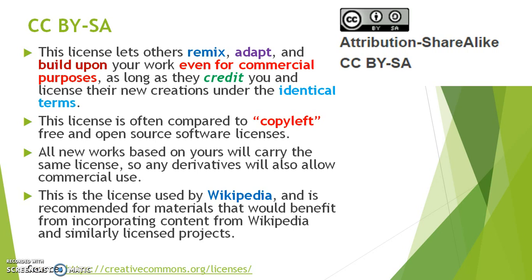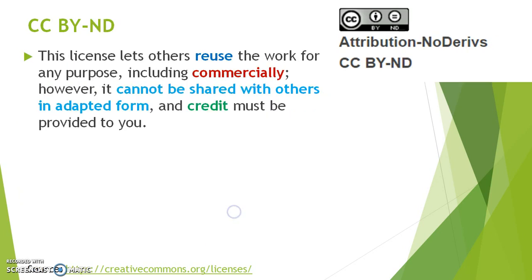All new work based on yours will also carry the same license. So any derivatives of your work will also allow commercial use. This is a license used by Wikipedia, and it is recommended for materials that would benefit from incorporating content from Wikipedia and similarly licensed projects.